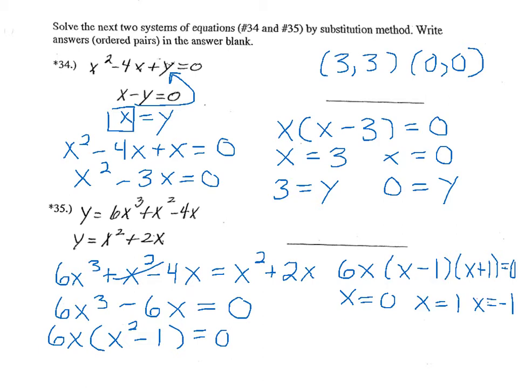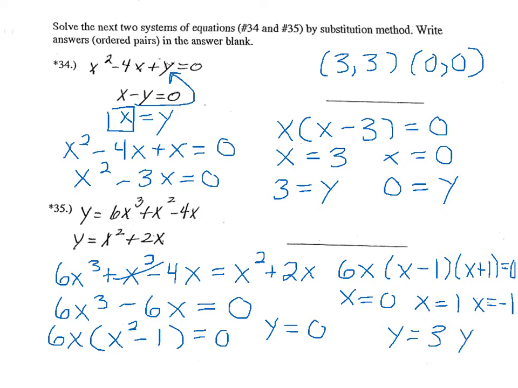Again, since we have three solutions for x, we're going to have three solutions for y. So if I plug 0 in first, I have y equals 0 squared plus 2 times 0, which is 0. If I plug a 1 in for x, I'm using the second equation, I'll have 1 squared, which is 1, plus 2 times 1, and 1 plus 2 is 3.